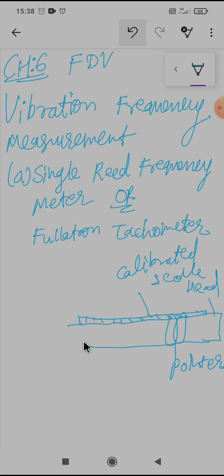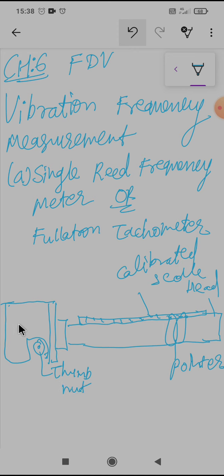And this scale is connected here with what I will call a thumb nut.